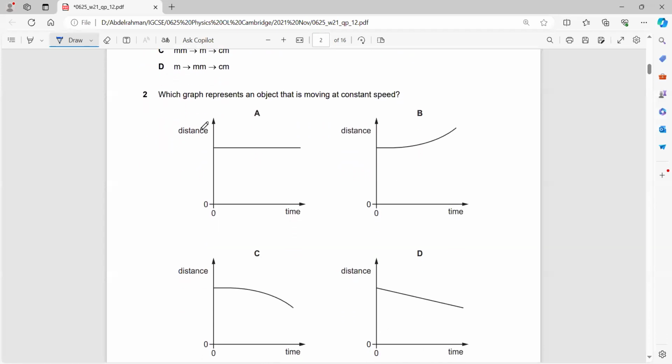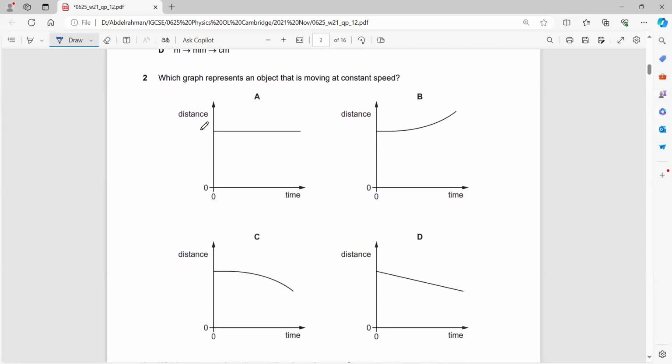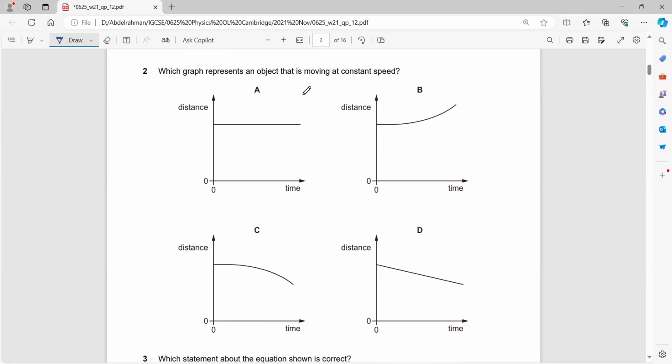Which graph represents an object that is moving at a constant speed? Constant speed would be, let's check them out. A, he's at rest. B, initially was at rest and then he was increasing the speed.